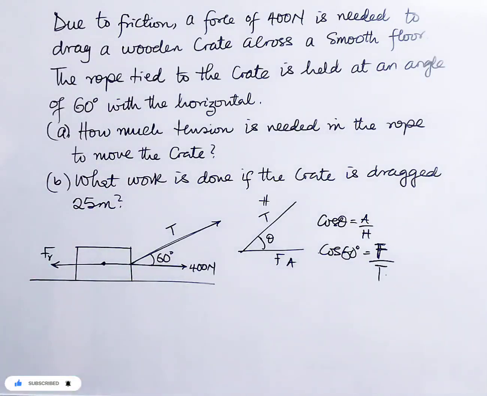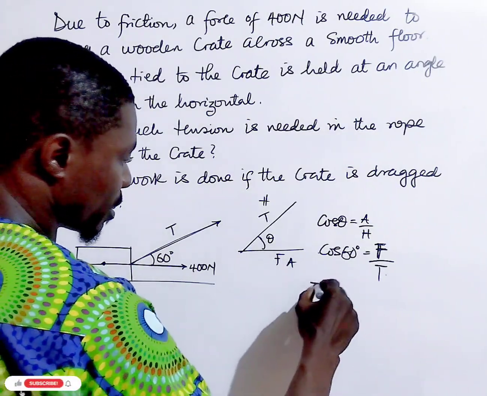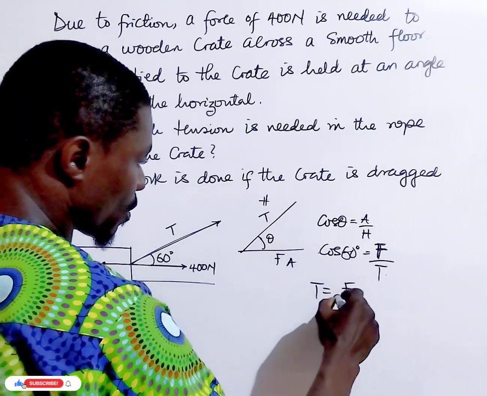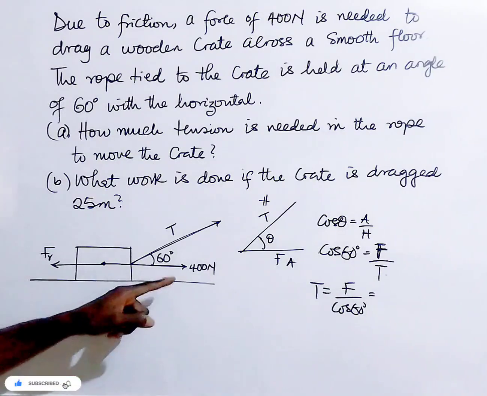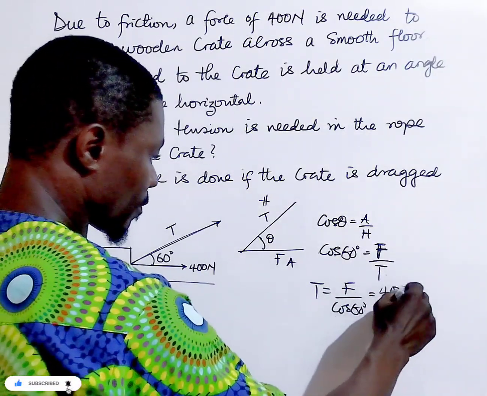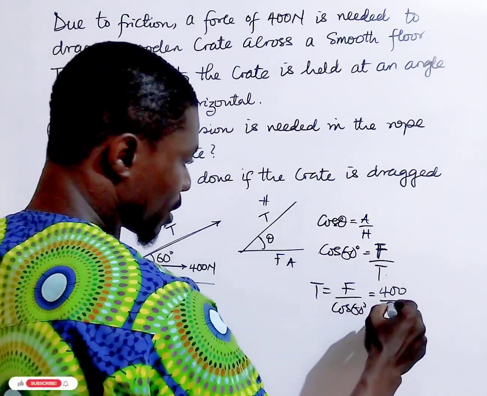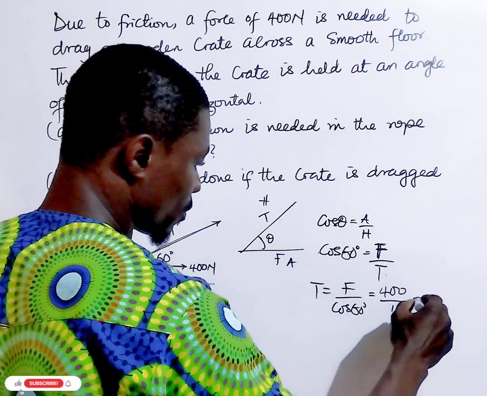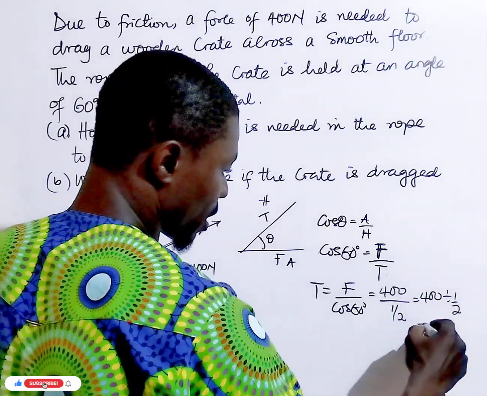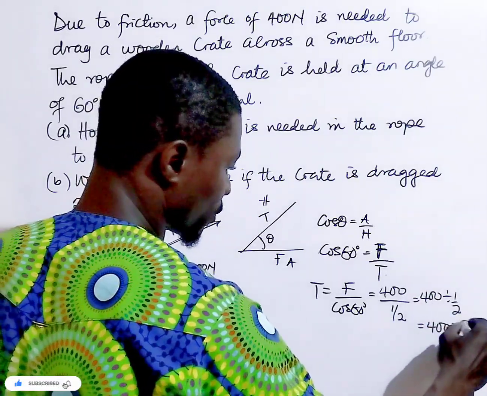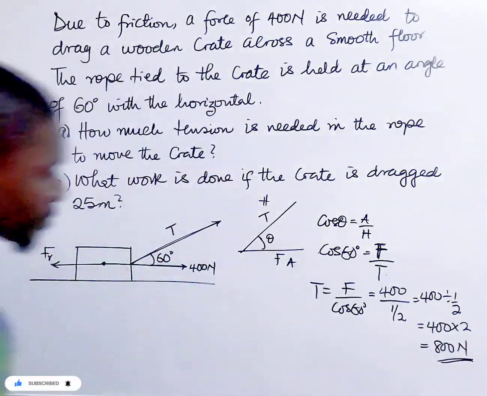Making the tension the subject of the relation, we have that T will be equal to force over cos 60, and that will be 400 over cos 60, and cos 60 should be 0.5, which is the same thing as 1 over 2, to give us 400 divided by 1 over 2. Then here you have 400 times 2 giving us 800 Newton.